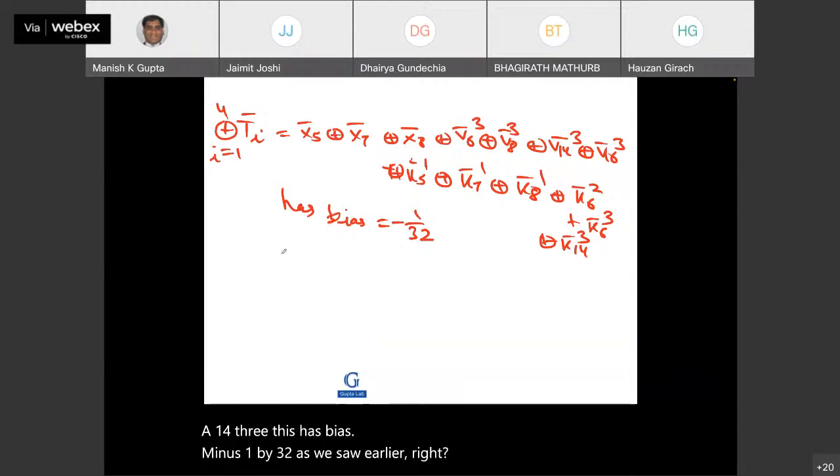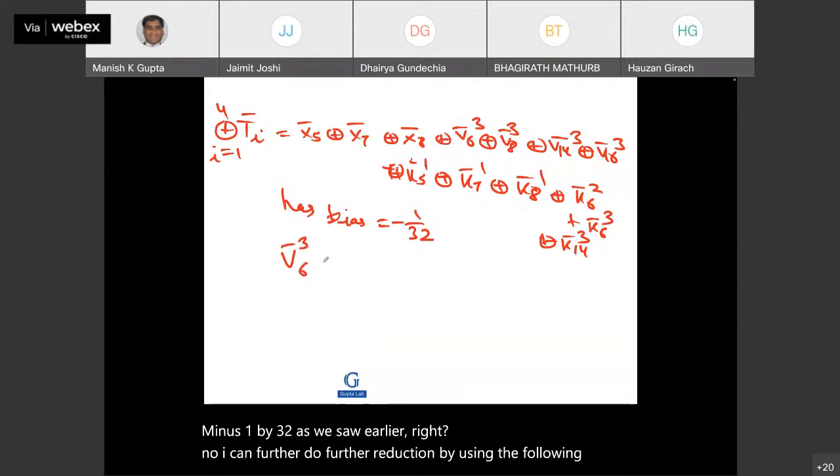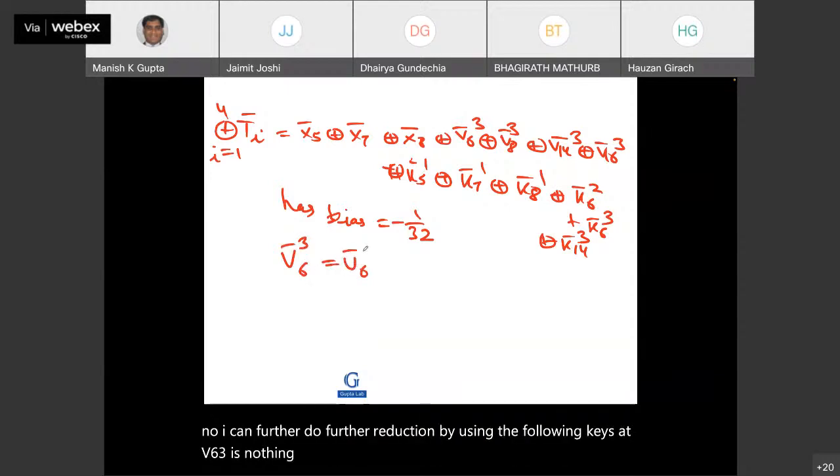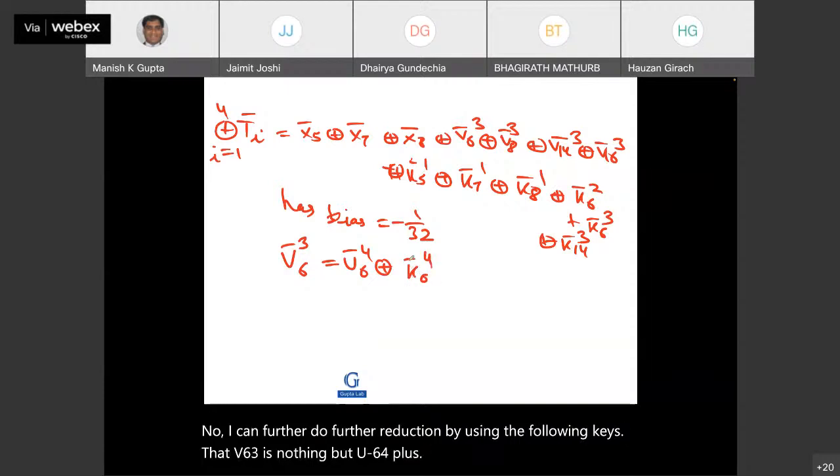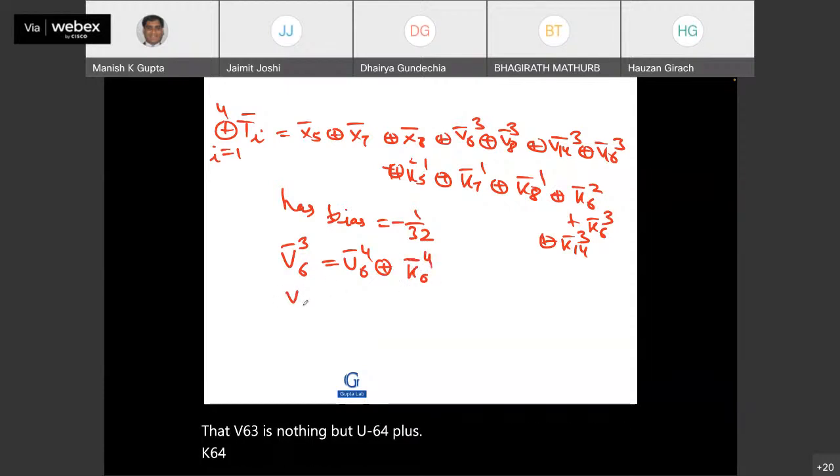Now I can do further reduction by using the following: V63 is nothing but U64 plus K64. Similarly, V83 is equal to U144 plus K144.